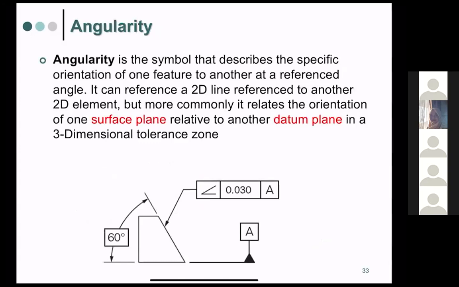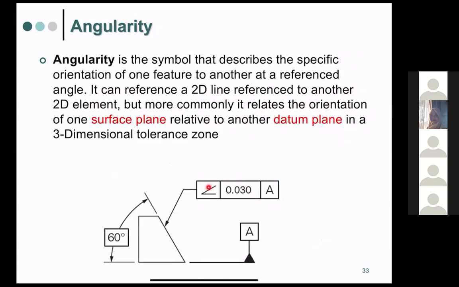Okay, and then this one, angularity, about angles. This is the symbol to describe the specific orientation of one feature to another at a reference angle. It can reference two dimensions to the element, but is commonly related to the orientation of one surface relative to other datum planes.